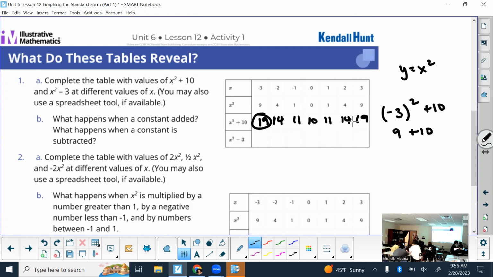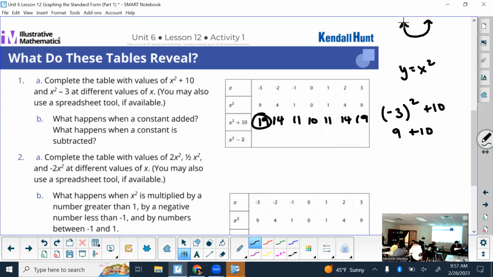That's usually a good indication that you're dealing with a parabola, a U-shaped graph, which is our quadratics. Good. Anyone notice anything else? Okay, decreases and increases, so that supports the U shape, right? Goes down and then back up.